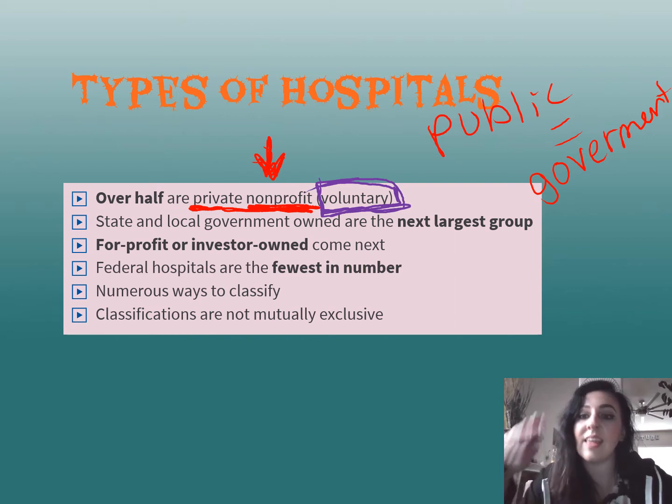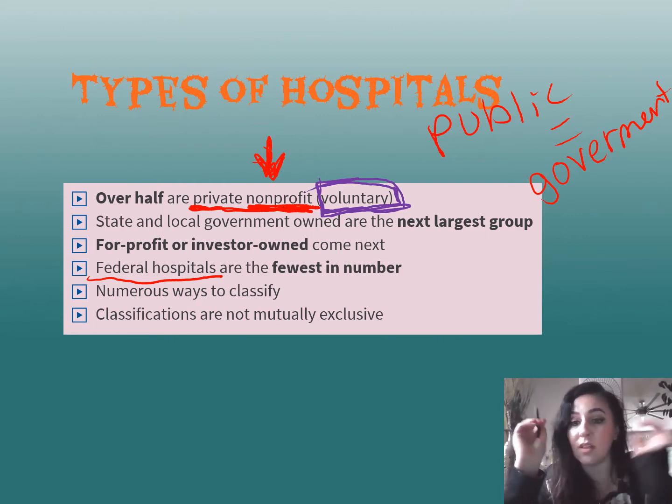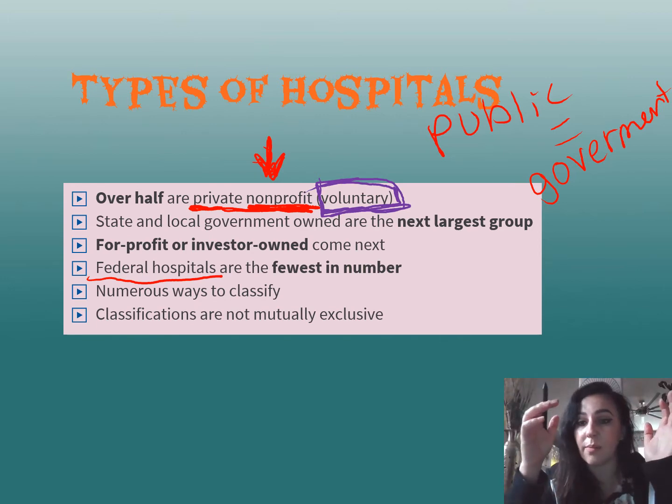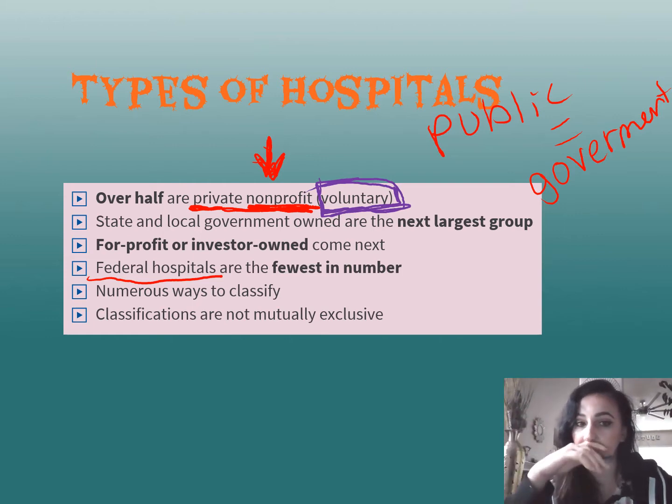Then we have federal hospitals, which are public, owned by the federal government. These are fewest in number, the least amount of hospitals in this country, owned and run by the federal government.